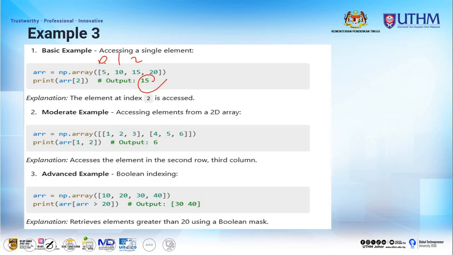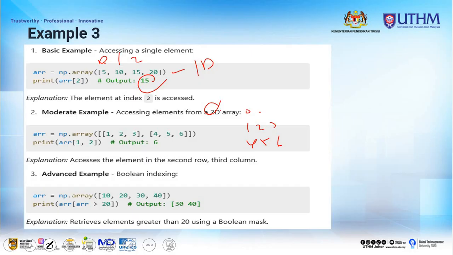Moderate example. Second example here. This one is one dimension. Now we're going to see the two-dimensional case. When it comes to two dimensions, we'll see index 1, 2. So we have 1, 2, 3, 4, 5, 6.